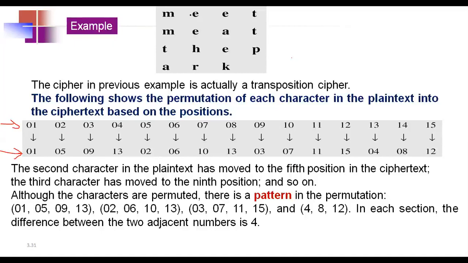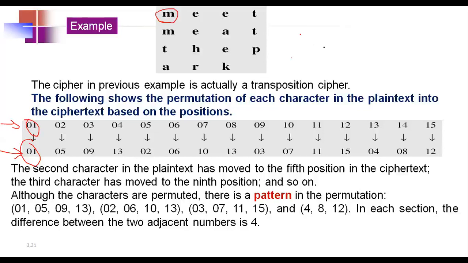Now, assume this M. This M is in first position, and in the ciphertext also it is at the first position. What is the second character as per our plain text? The second character is this E.